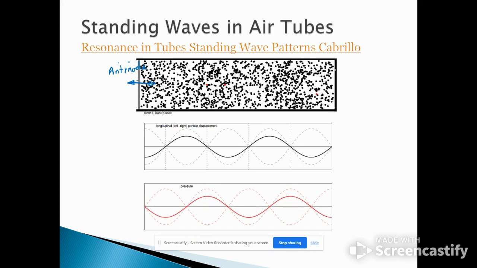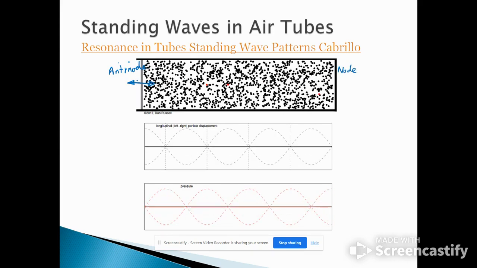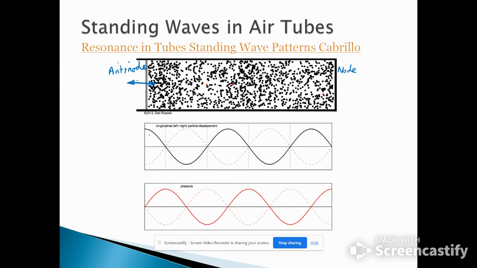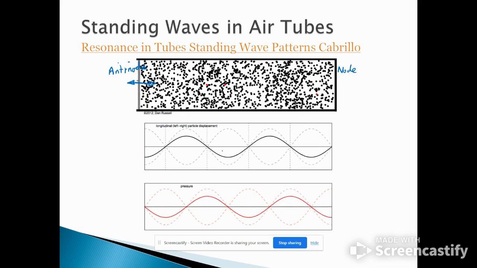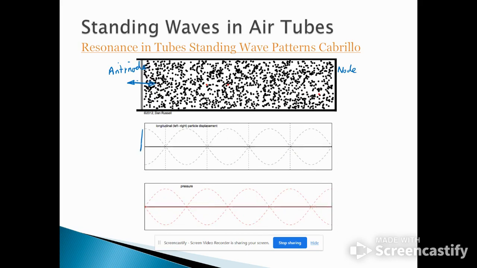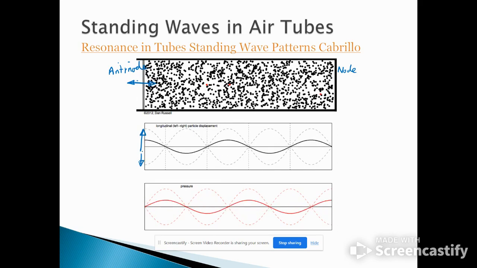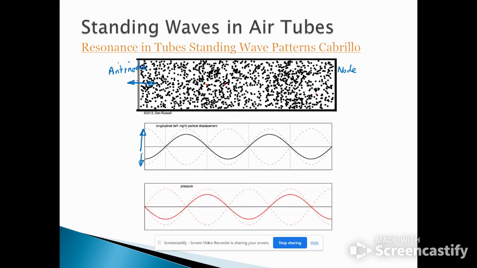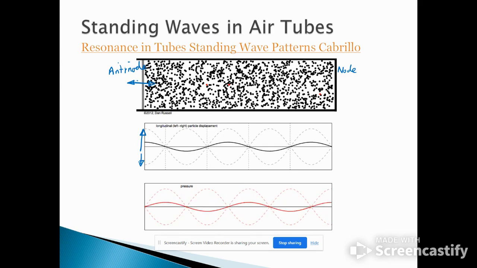Right here, the molecules are not moving at all. So this is a node. And the way that these longitudinal standing waves are drawn is with a transverse pattern right here. So here you can see that the amplitude is going back and forth like this, maximum, and that corresponds to this maximum amplitude here.